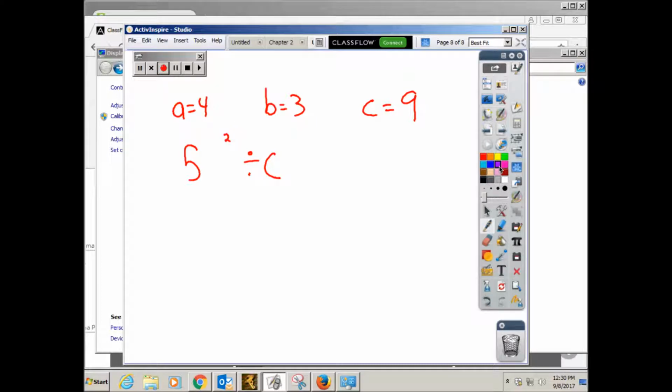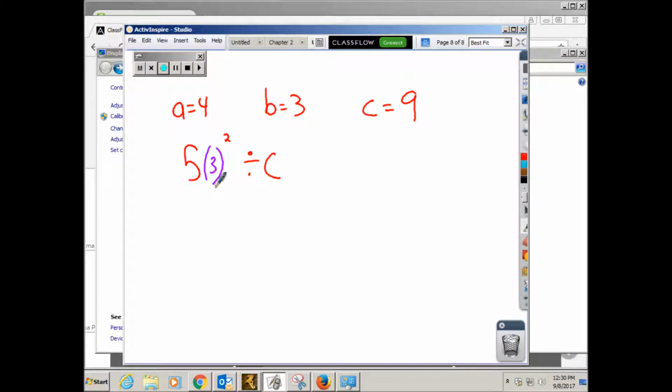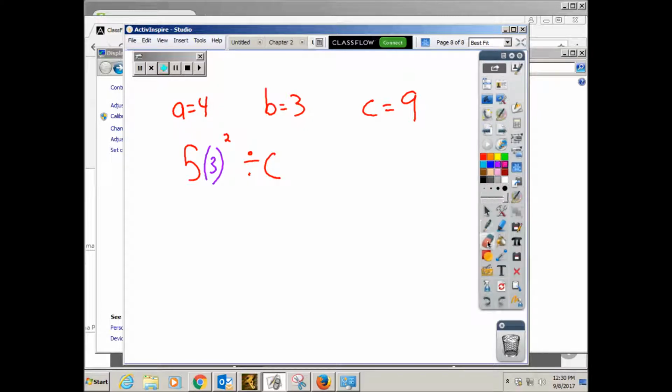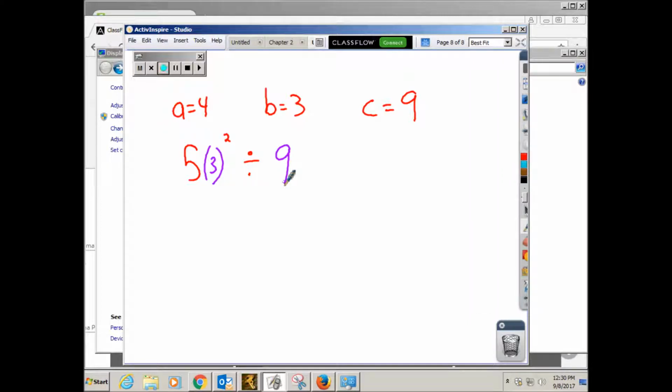And I'm going to put in what value? You put in parentheses with 3 in it. And for C, you put parentheses 9. It would be 3 squared is 9. 9 times 5 is 45. And then divided by 9 would be 5. Okay?